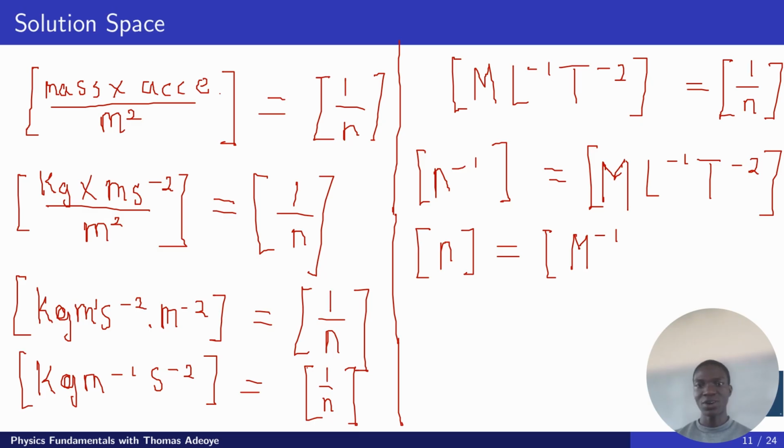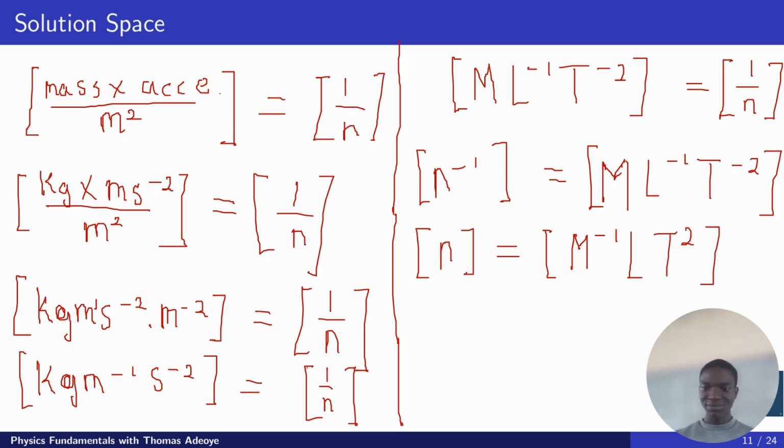This has minus 1 before, now it is L, minus 1 times minus 1, so we have plus 1, and this becomes T raised to the power 2. And voila, we are done. So this is the dimension of n. You can see that it's not hard, you just have to understand what you are doing.